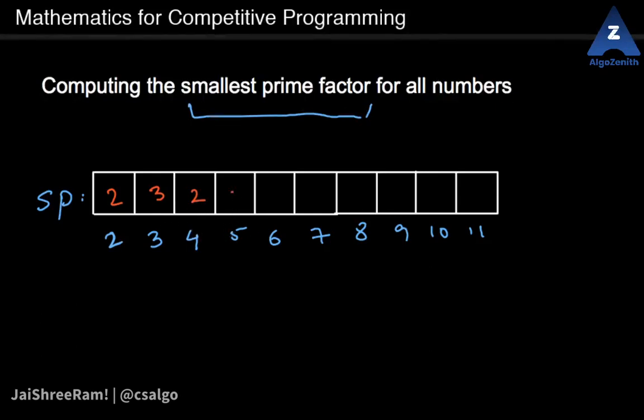For 5 it would be 5, for 6 it would be 2, for 7 it is 7, for 8 it is 2, for 9 it is 3, for 10 it is 2, and for 11 it is 11. I hope you got the point of how we are calculating this. So the smallest prime which appears in the factorization of a particular number, that we write in this array. Okay, so we will try to create this SP array for our help.